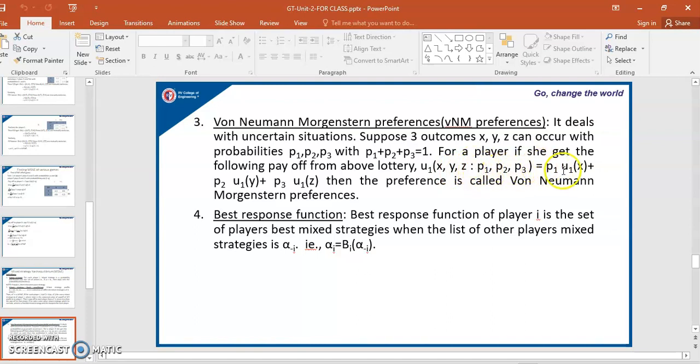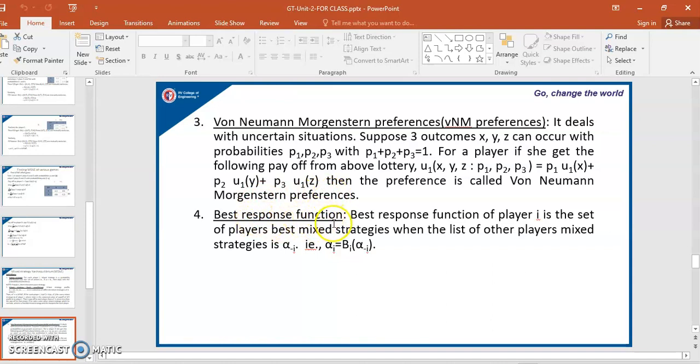It is nothing but the payoff to x multiplied by the probability p1, plus the payoff to y multiplied with the probability p2, and the payoff to z multiplied with the probability p3. Then these preferences are called von Neumann Morgenstern preferences.